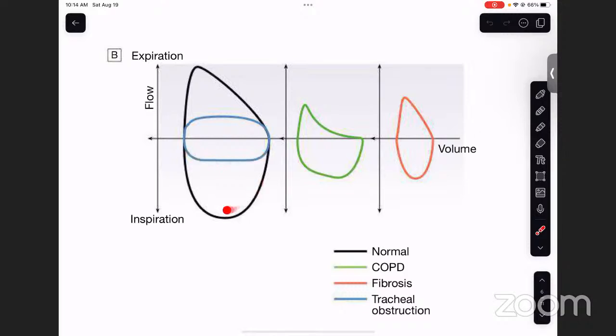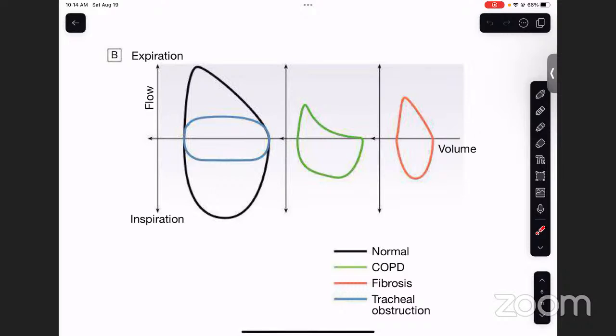It is totally different from our normal flow volume loop. And also there is the expiratory phase. Normally, the expiratory phase is a passive process, but in upper airway obstruction, it is necessary to use effort, so the curve will show like that.